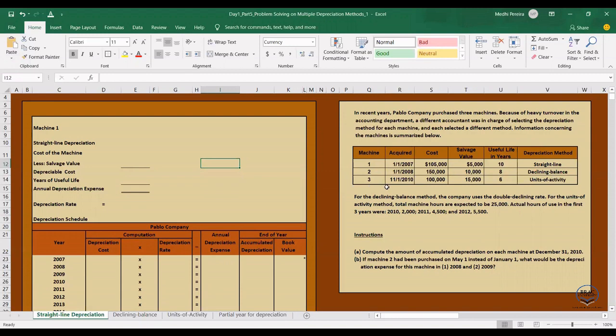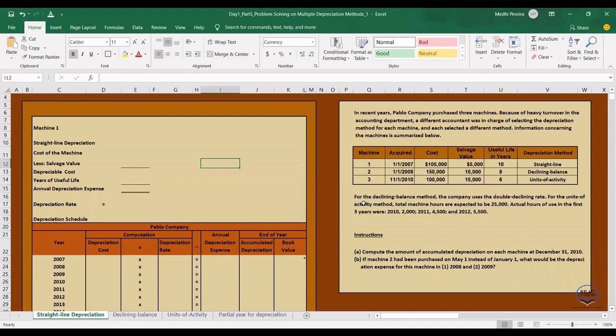The third machine was purchased on 1st of November 2010. The cost of the machine was $100,000. The salvage value was $15,000 and it has a useful life of 6 years and it uses the units of activity method.